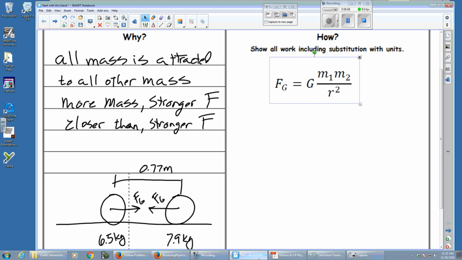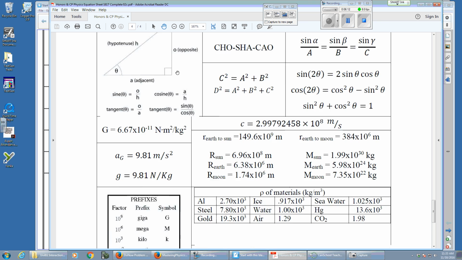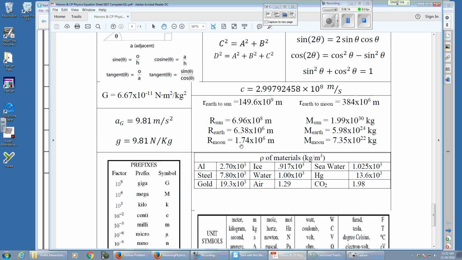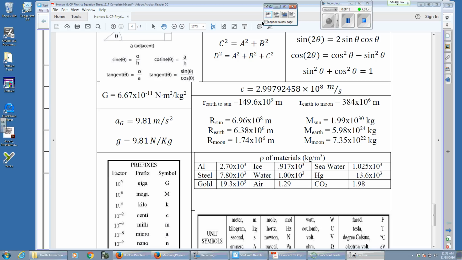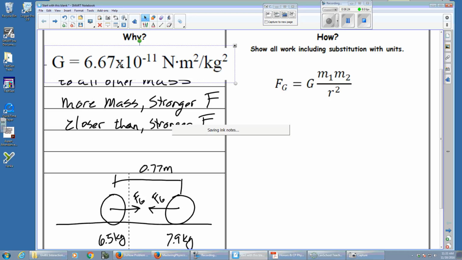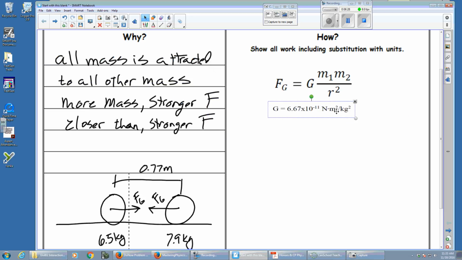Maybe I better grab that for my equation sheet too.